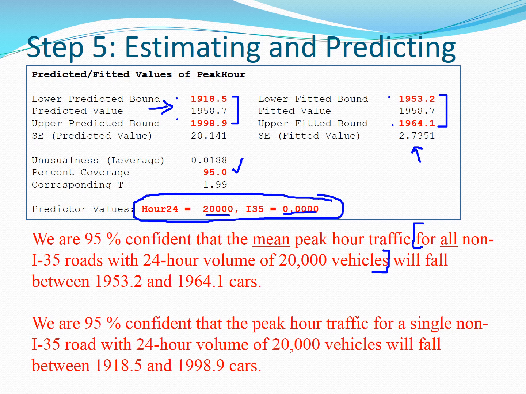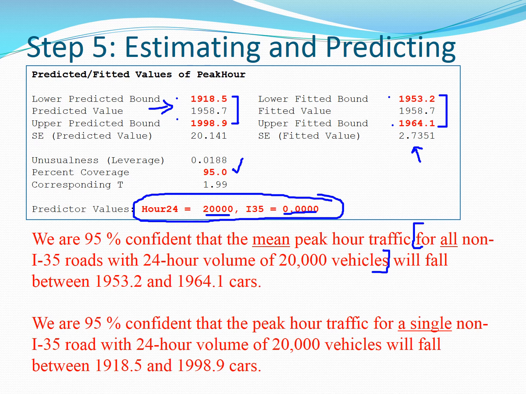The wording here is a little weird. I agree. What's it going to sound like on your project? I'm 95% confident that the price of a Mustang that has 40,000 miles falls between two numbers. I'm 95% confident that the average of all Mustangs that have 40,000 miles falls between two different numbers. If you've got the apartments or the homes, it's going to sound something like this.